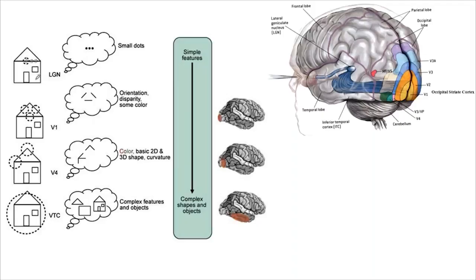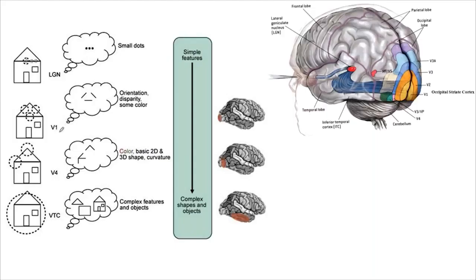The information that we have in the lateral geniculate nucleus, which is this part, the thalamus part, is just at the level of dots. So the representation of the environment around us is being processed in the receptive field and represented in the lateral geniculate nucleus as just simple dots.